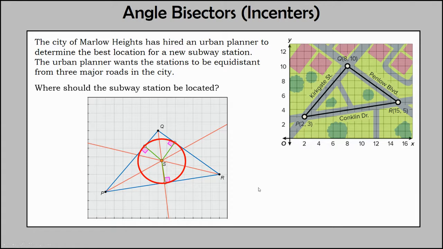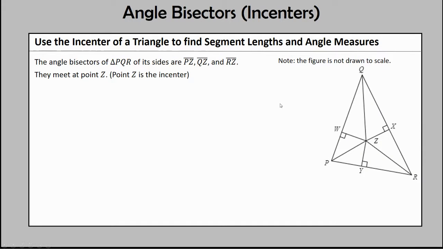Now let's look at the problems you're going to get tonight. So they give you a descriptor here. The key is this, guys. As soon as they tell me that Z is the incenter, I know a couple of things. Number one, I know that Z to Y, Z to X, Z to W are all the same length because an incenter is an equal distance to the sides of the triangle. Number two, I know that these are all angle bisectors.